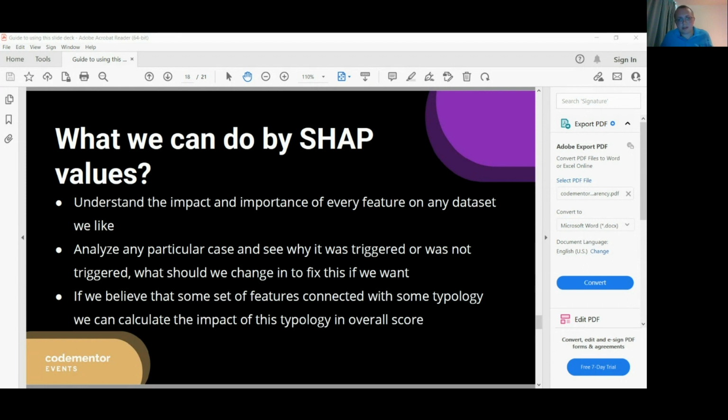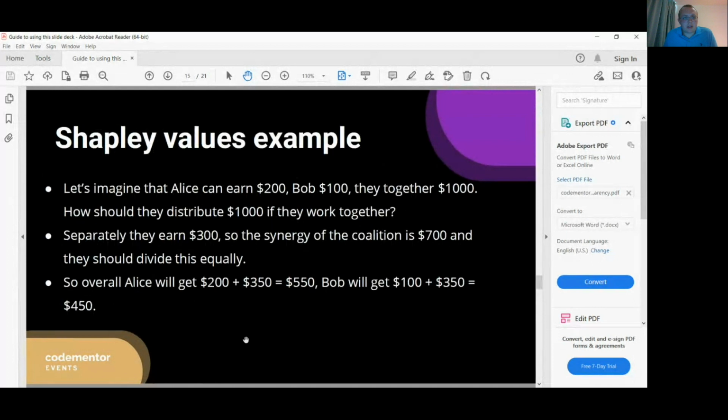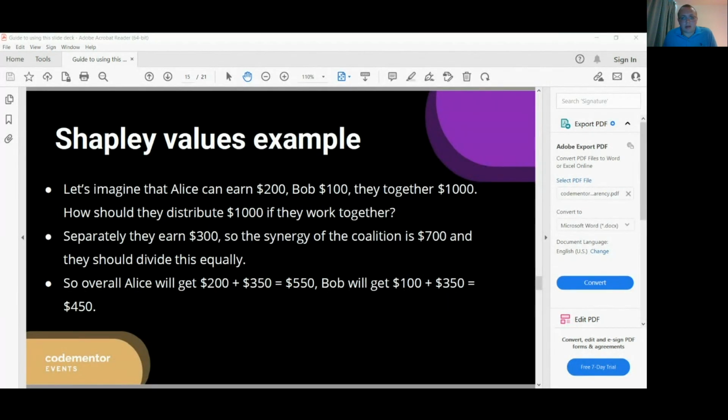One more question, about the synergy of coalition. Here Alice can earn 200 and Bob can earn 100.